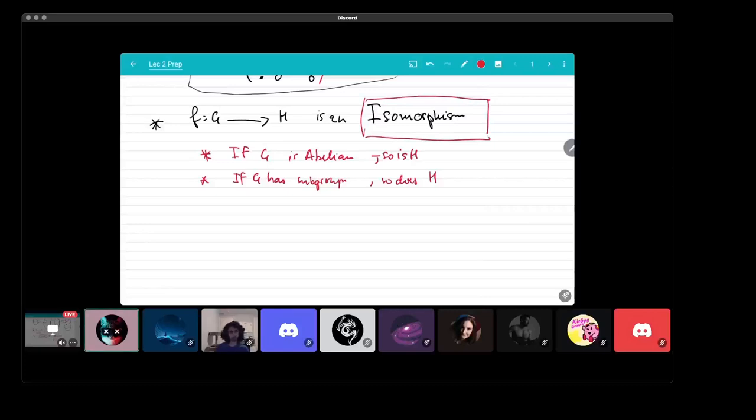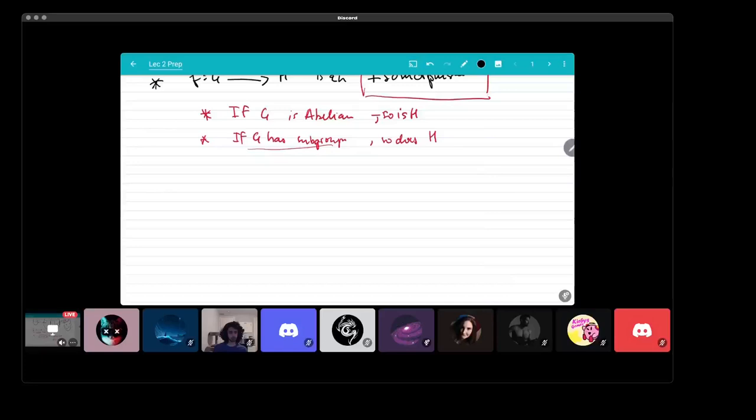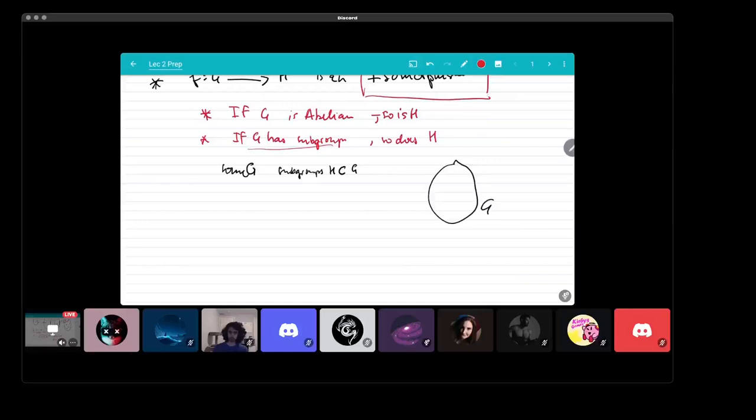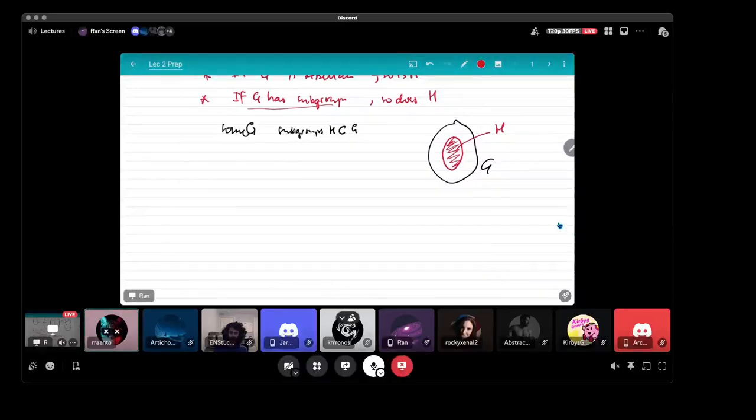And then there are other properties that I don't think we're going to look at yet. The second property can sound a bit obvious, but some groups may not have subgroups H that are strictly inside G. So if this is G, with certain properties it's possible to find a strictly contained H, but that's not too important.